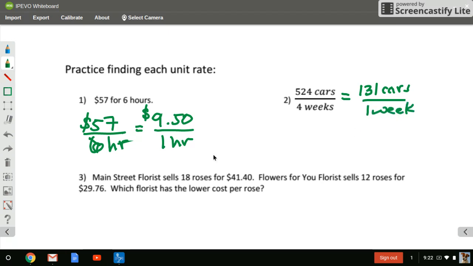When you're finding unit rates, you're simply dividing it out so that you get 1 in your denominator.